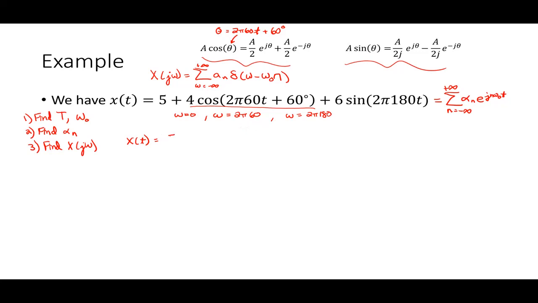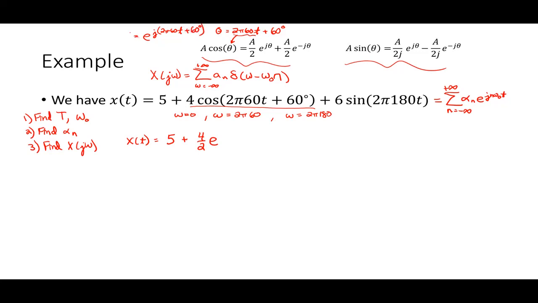So for step 2, I know that I can write x of t as 5 plus, using the Euler's identity, 4 over 2 times e to the j, in this case 2 pi 60t plus 60 degrees.